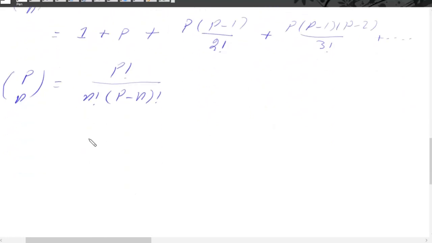Now we know the relations between the gamma functions and the factorial functions.